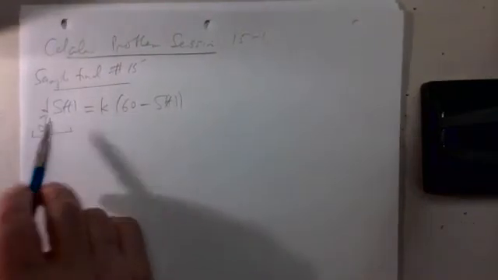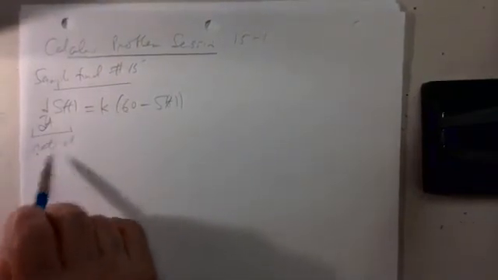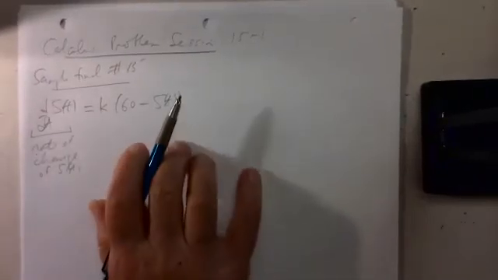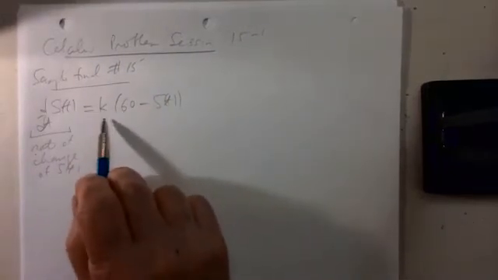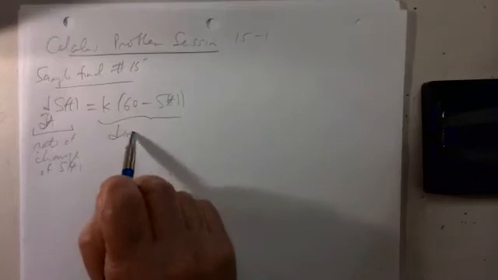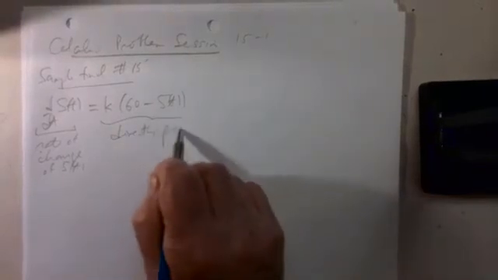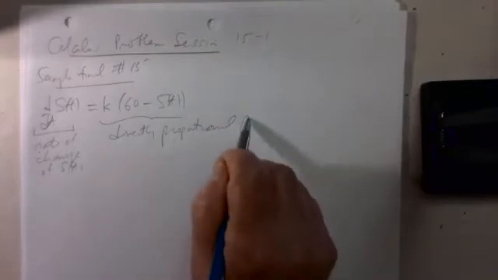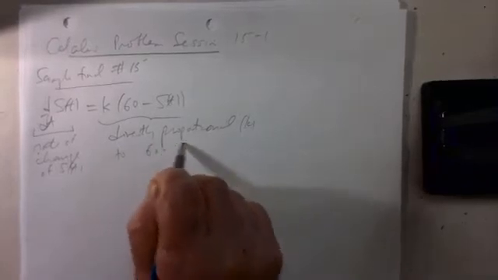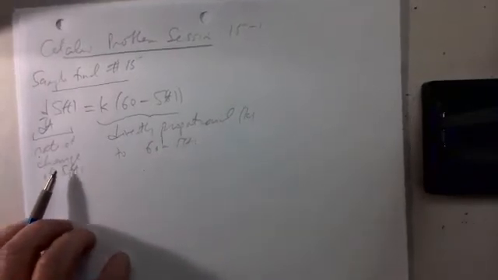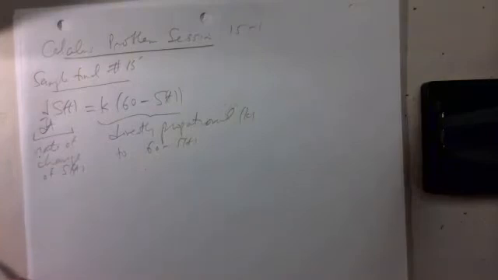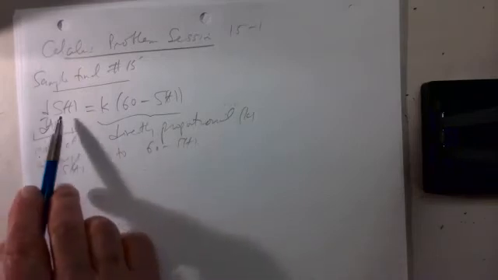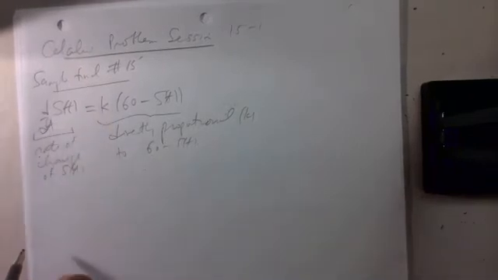So this is the rate of change of S of t, and this means directly proportional, and the proportionality constant is k, to 60 minus S of t. So this is an equation where the unknown that we have to figure out is the function S of t. It's a differential equation because it involves the derivative.